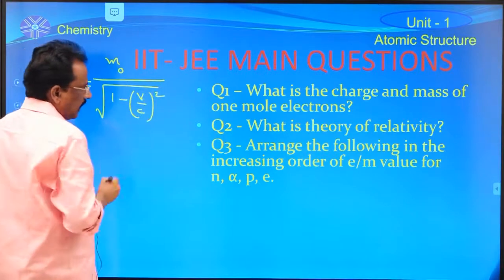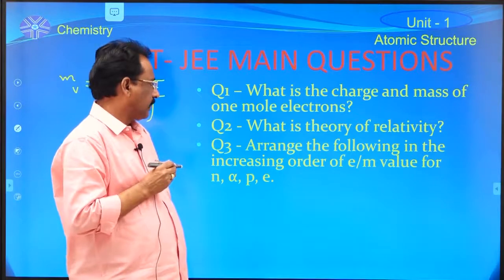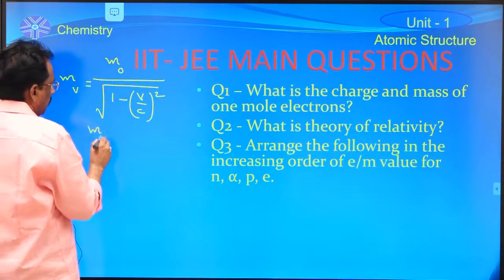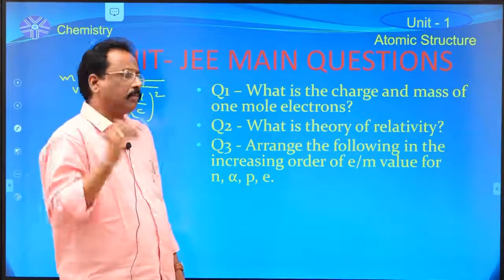This is the expression according to theory of relativity. In this expression, m0 indicates the mass of the electron at rest position.